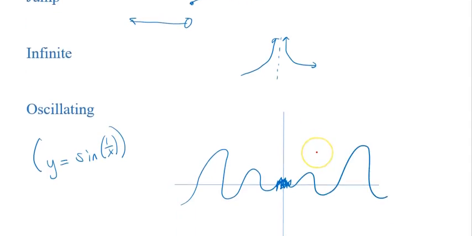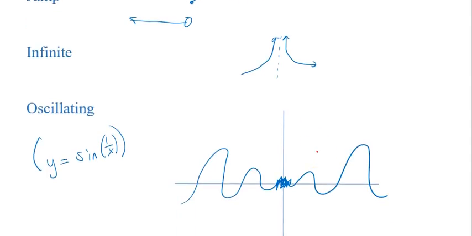The last kind is a really weird thought, and that's oscillating discontinuity. And the best example that could ever come up that I have found is y equals sine of 1 over x. Now, I'm sure that this occurs in other functions or it wouldn't have its own name, but this one comes up the most as the best example here. So if you want to graph that in your calculator and see what it looks like, it's really interesting.